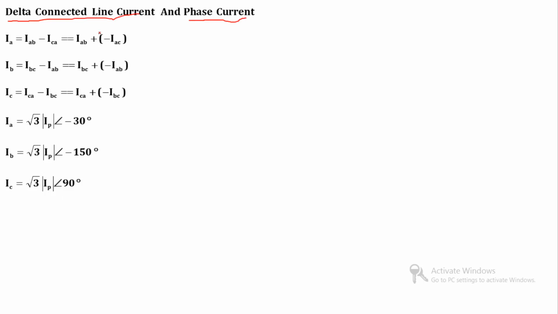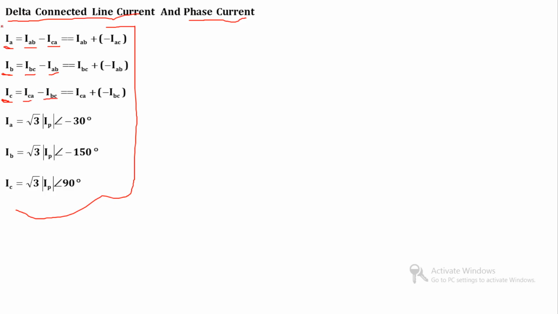So to draw the phasor diagram for this, we have to revise the equations that we have learned in our past lecture. That means this is the line current IA, this is the line current IB and this is the line current IC. This is the phase current IAB, ICA, IBC, minus IAB, minus ICA and minus IBC.